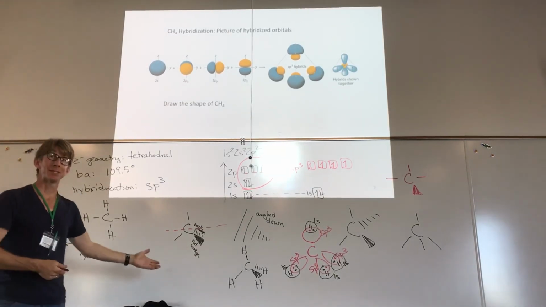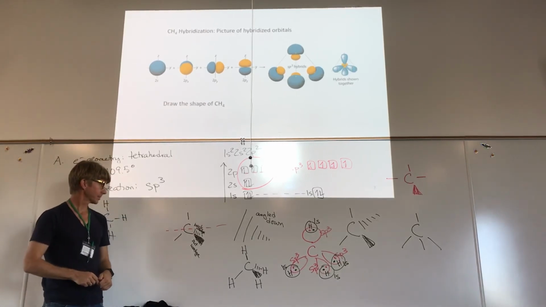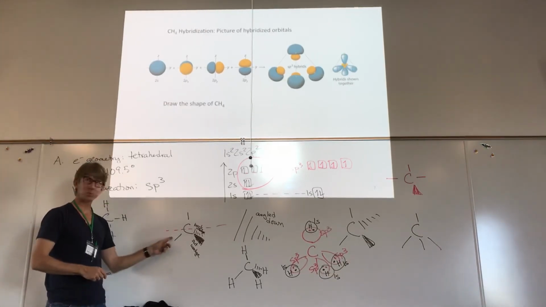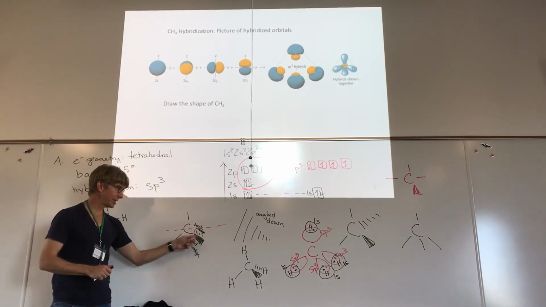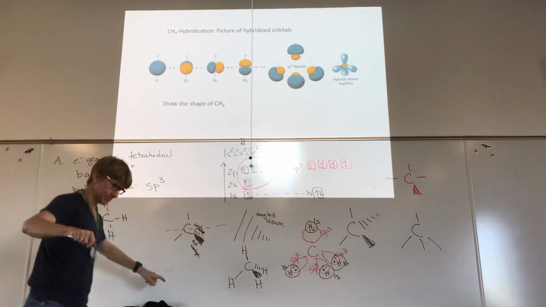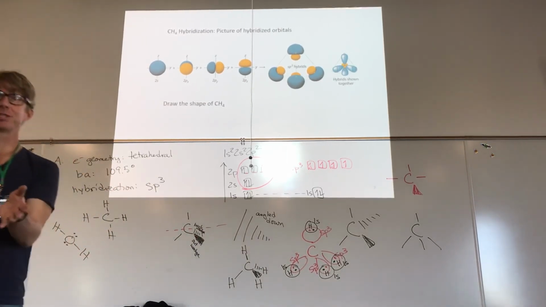Any other questions about this? Jeff? The bond angle is 109.5, but which angle is that? Bond angle is 109.5. Is that what your question is about? Yeah. This is 109.5. This is 109.5. The angle between these two. Can I demonstrate tetrahedral?